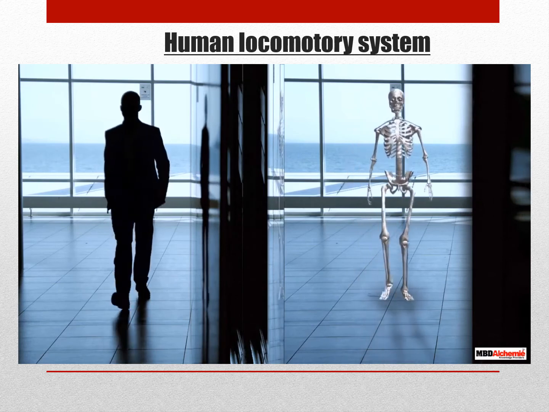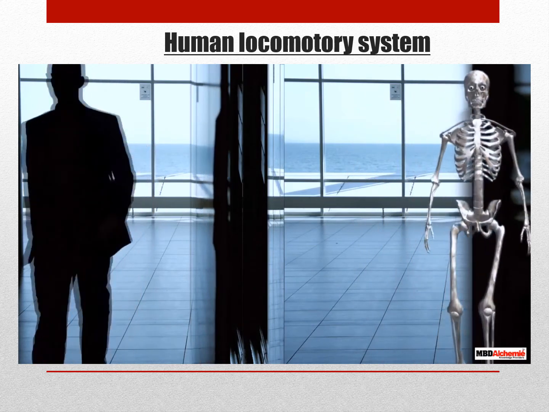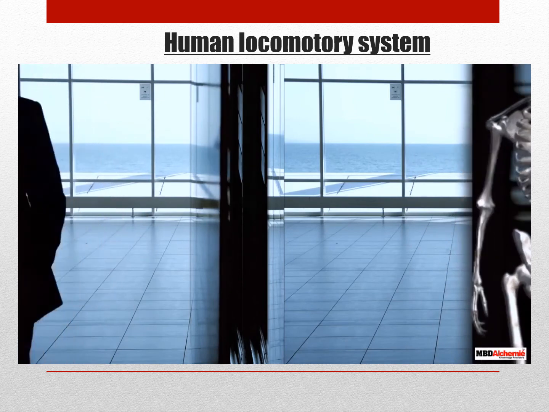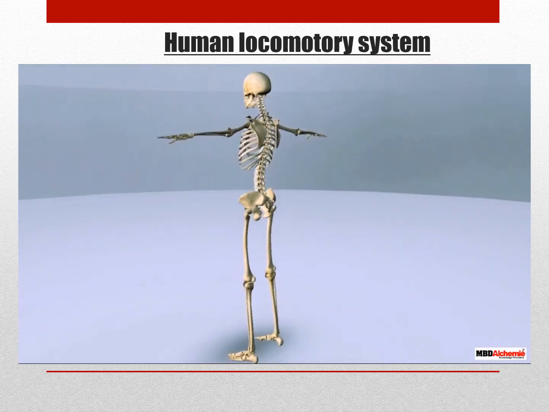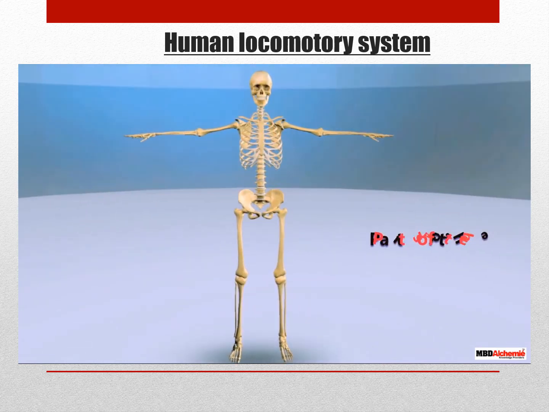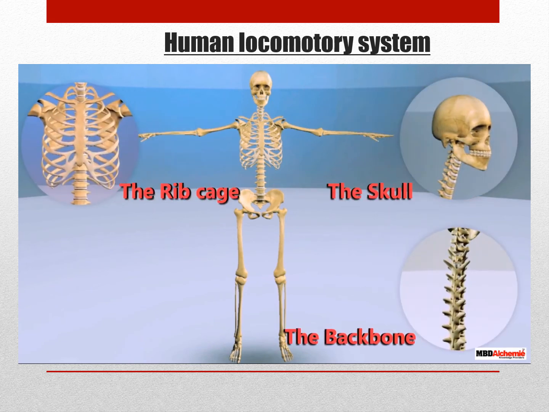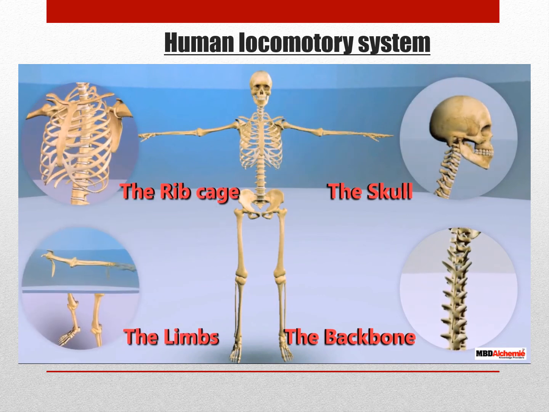Not only does the skeleton give shape and support, it also helps in the movement of various parts of the body. Now that we know the importance of the skeleton, let us look at some of the parts of the skeleton. The skeleton comprises four main parts: the skull, the backbone, the rib cage, and the limbs.